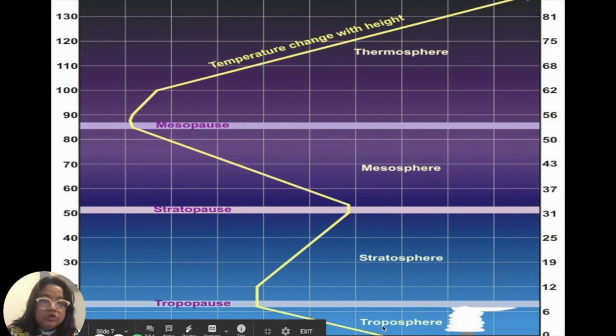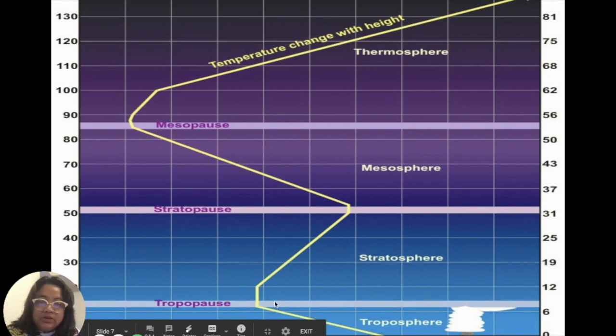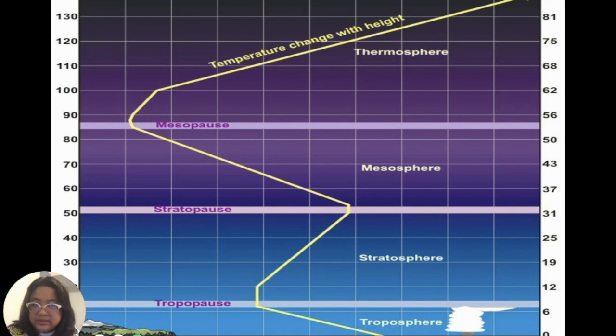From, let us say, negative 10 degrees Celsius, as the altitude increases, the temperature decreases. It is going to the left, and if it is going to the left, the temperature decreases, as you remember from your number line.